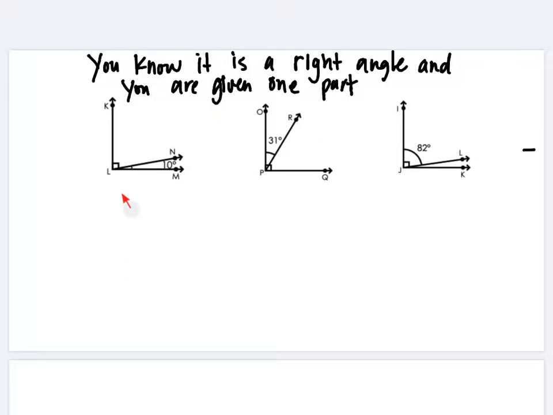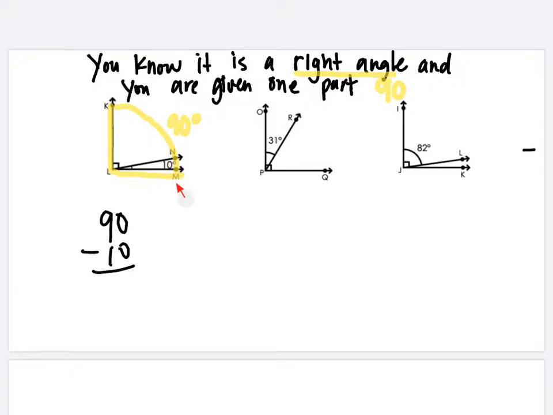Well, this requires you using your background knowledge, because you know that the measure of a right angle is 90 degrees. So you actually know the whole. This whole angle, angle KLM, is 90 degrees. You know the whole and one part. So can you find the missing part? You can. Very similar to the other problem we just did.